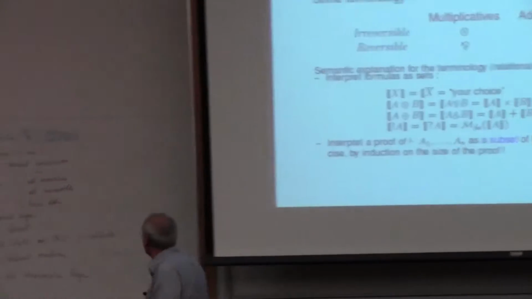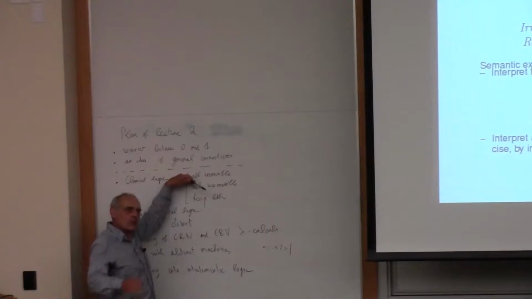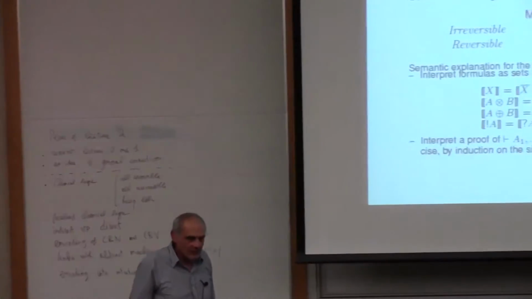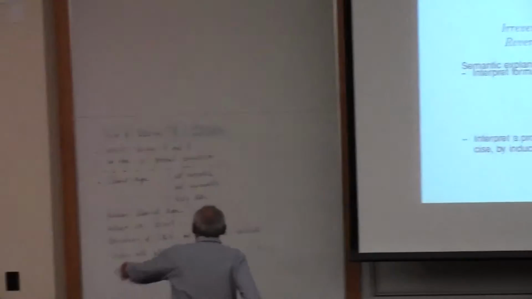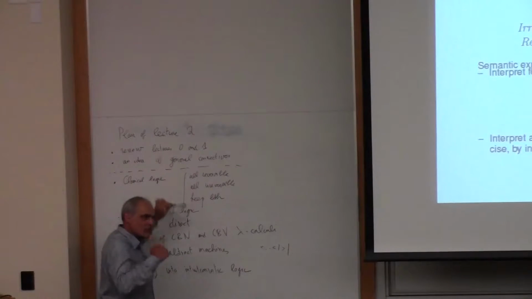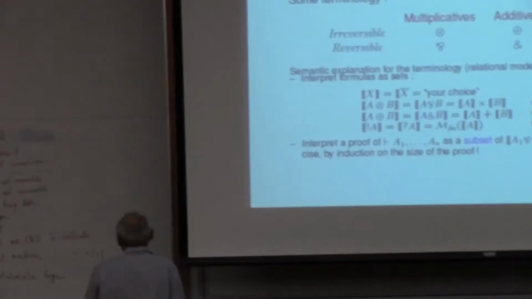And I will show you how good it is to take all reversible rules and forget about the irreversible ones. I will not do anything with the other choice, but just mention that Gentzen, in his papers, has this choice.